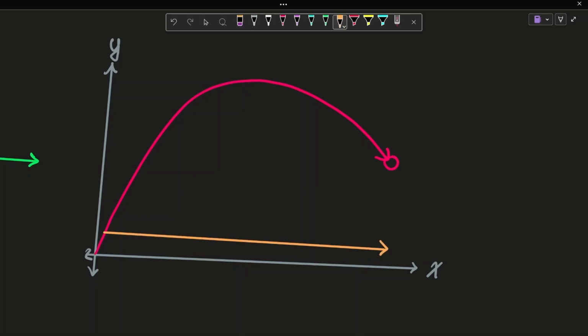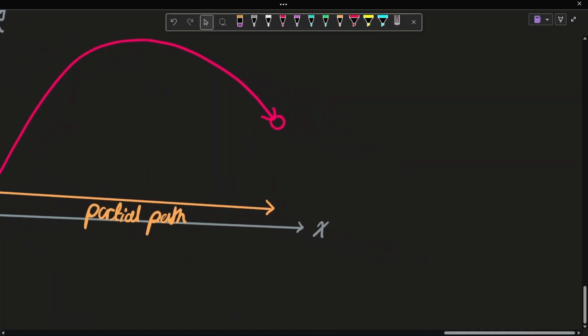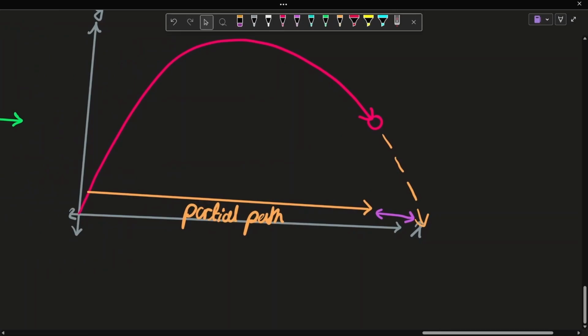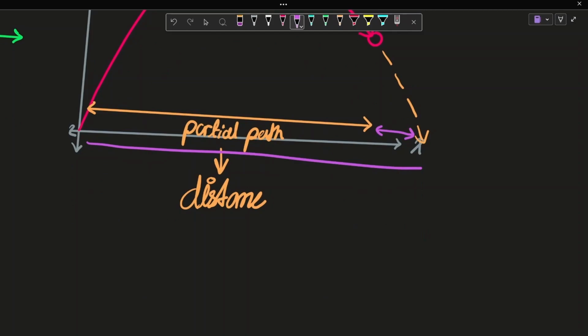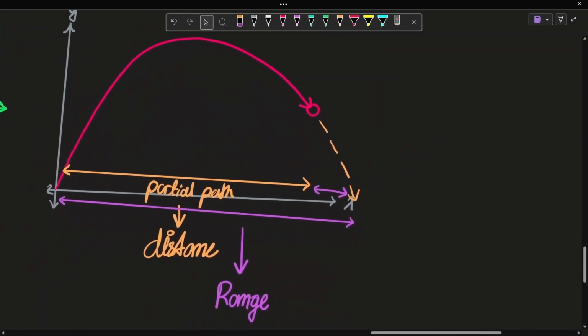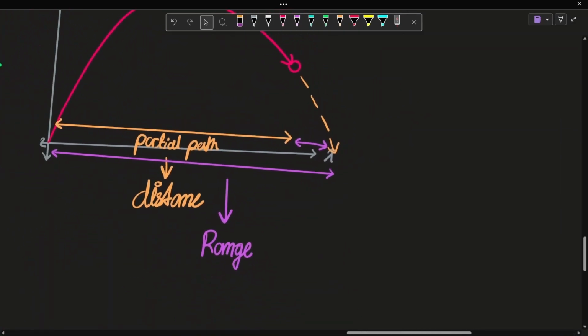This distance I traveled we'll call a partial path, in that if it had continued, we would have gone over and ended up here. It's missing this portion right here. If it had gone the entire path, this complete path is called the range. If you had a rocket that went through its full path, it went through its full range.